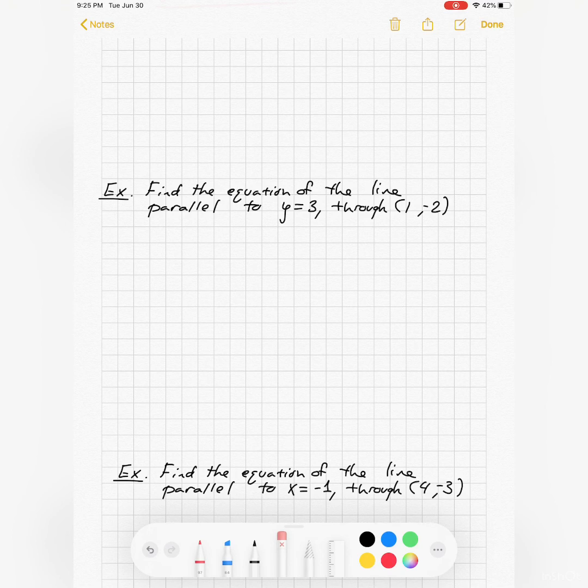Find the equation of the line parallel to y equals 3 through 1, -2. So this is a special one because y equals a number, that's a horizontal line, right? So there's y equals 3.